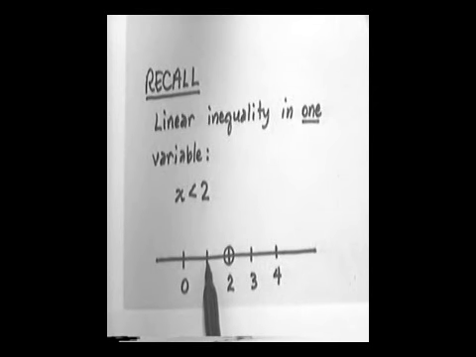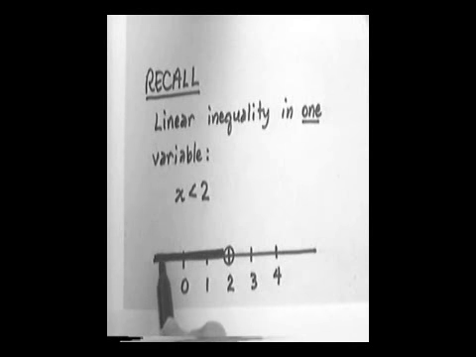Since 1 is less than 2, 1 will be shaded in, so will 0, so will all the numbers to the left of 2. We shade in all of those points, shading in the arrow nice and heavy so that it's clear at a glance that we use all the numbers that are less than 2.